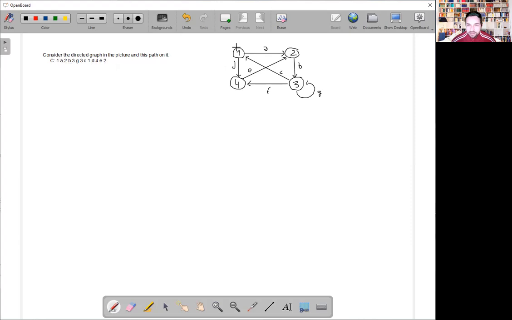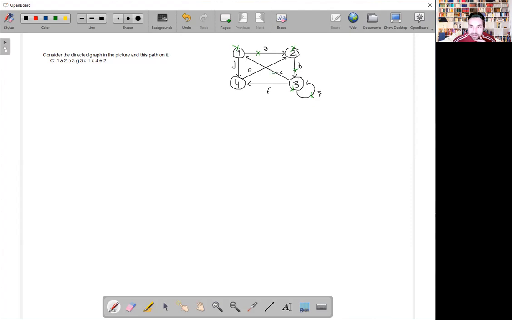So we start in the first node. We take the link A. We go to the second node. We take B. We go to the third node. We take G. We come back to the third node.